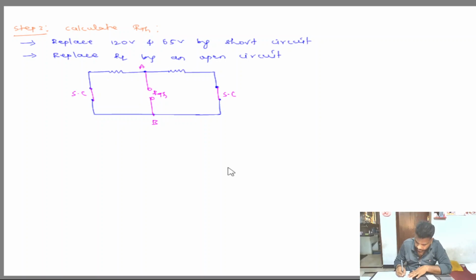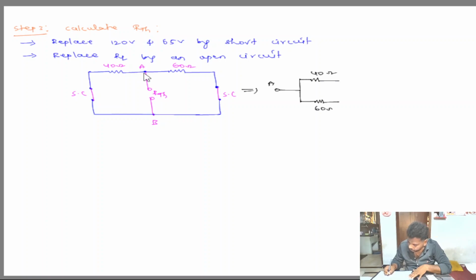Okay, and this value is 40 ohms and this is a 60 ohm resistor. To calculate the resistance, redraw the circuit again, then it is easy to understand. First, I am taking this A. At point A, 2 resistors are connected in parallel, 40 ohms and 60 ohms.